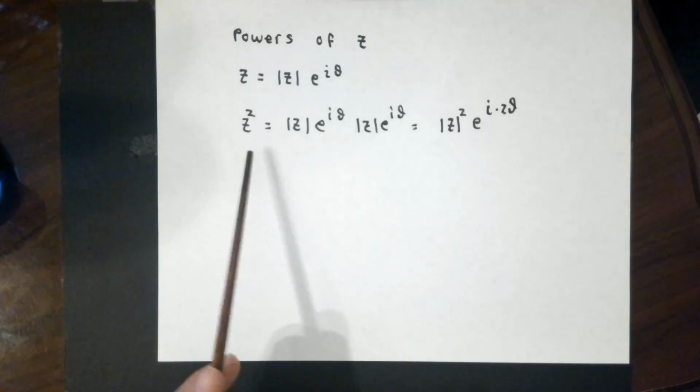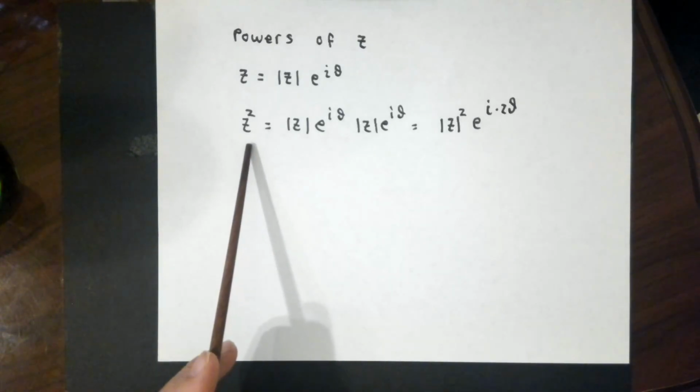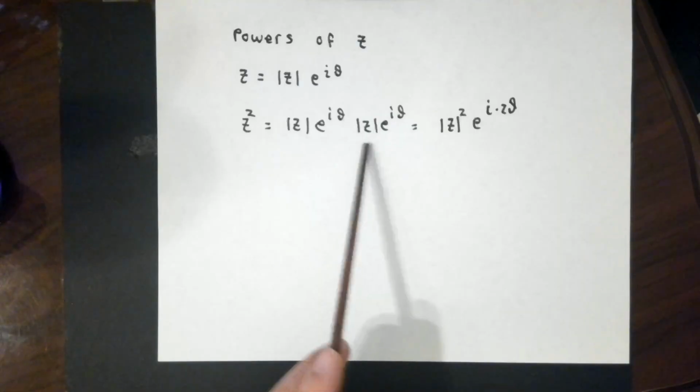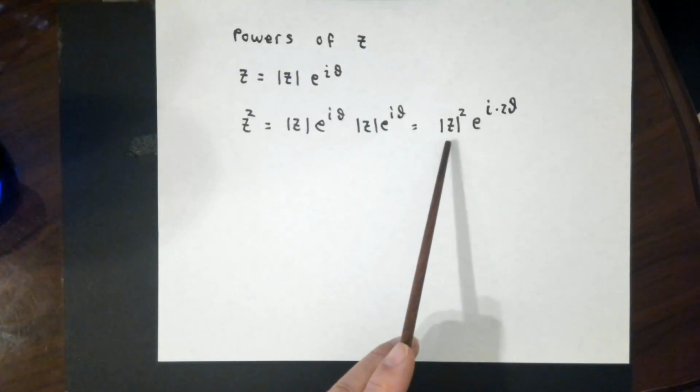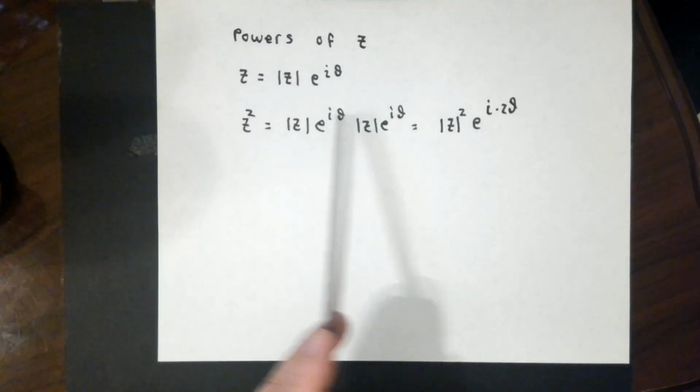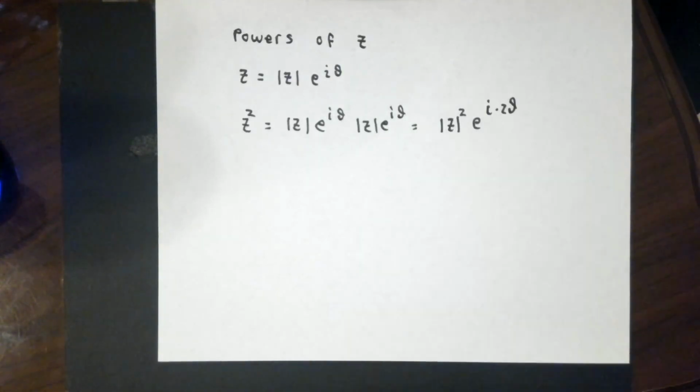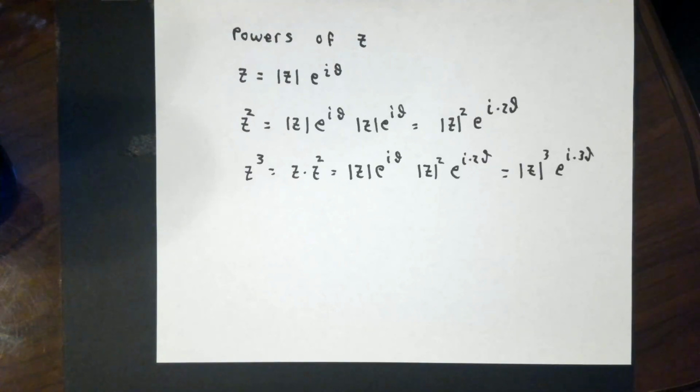We now know how to manipulate these things in terms of multiplication as though it was just ordinary algebra. If I calculate z squared in the obvious way, the modulus is the square of the modulus of z. e to the i theta times e to the i theta is e to the i times 2 theta. z cubed is z times z squared.